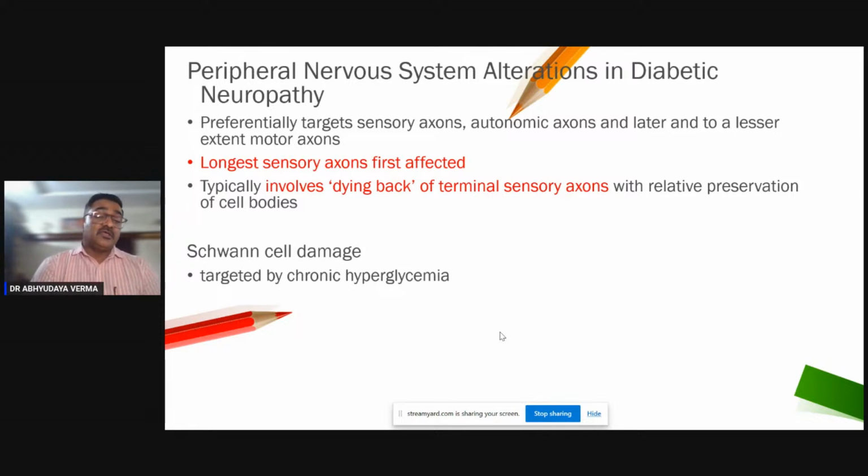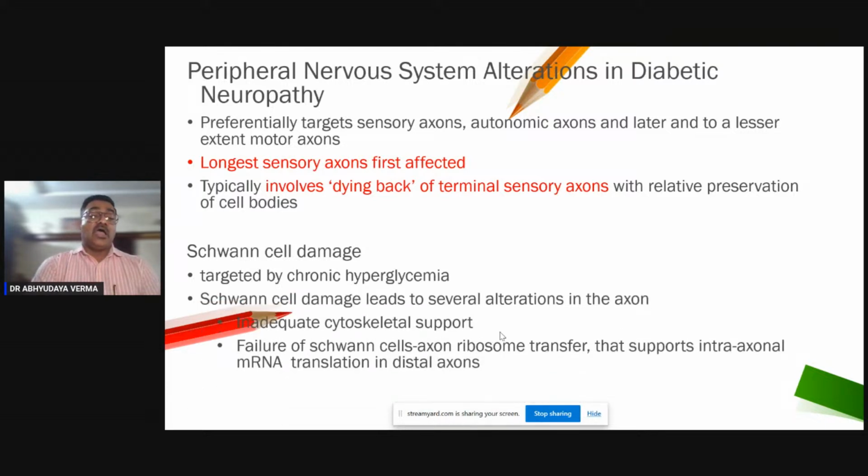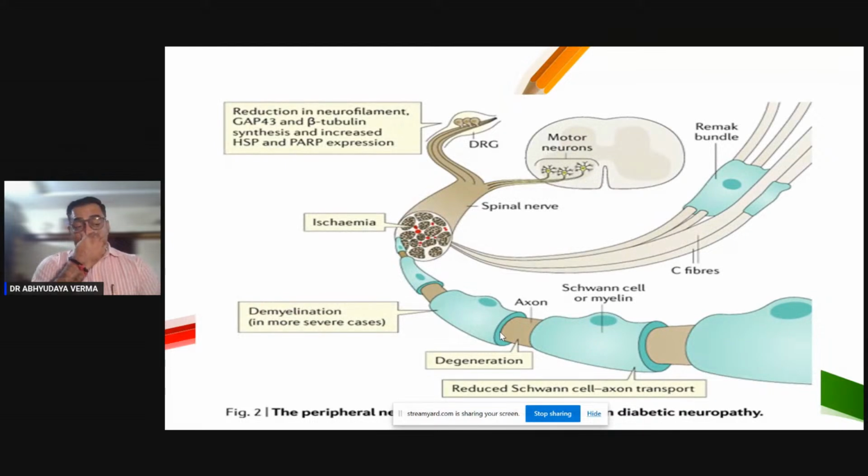This is basically the dying back of the terminal sensory axons with relative preservation of cell bodies, and there is Schwann cell damage due to chronic hyperglycemia. And this is the diagrammatic representation of how there is degeneration and demyelination due to ischemia and chronic hyperglycemia.